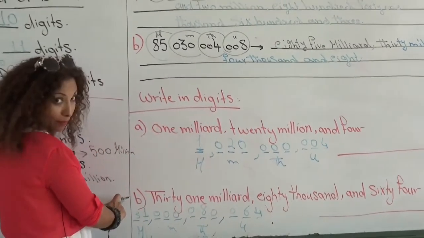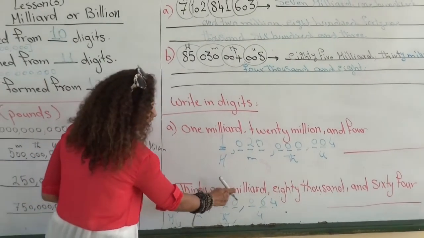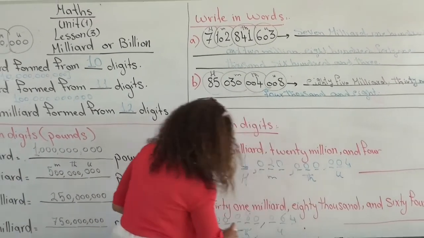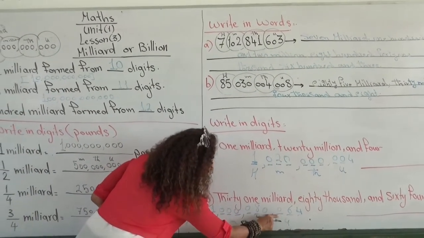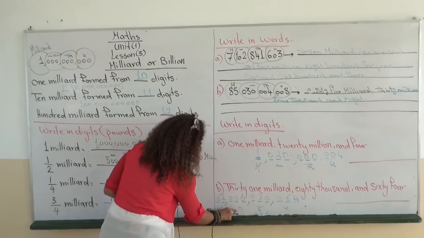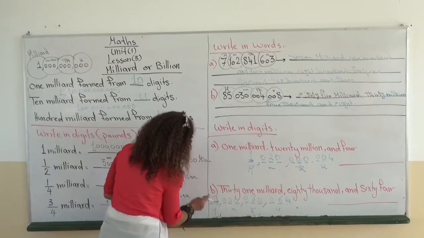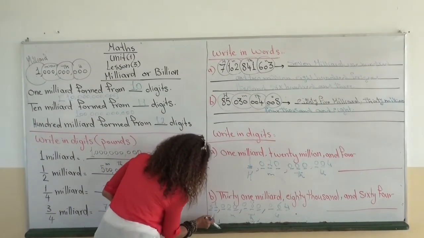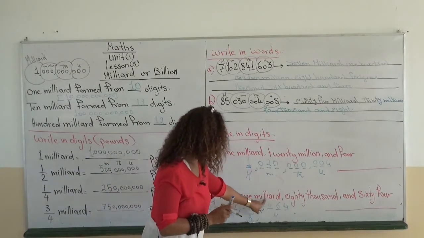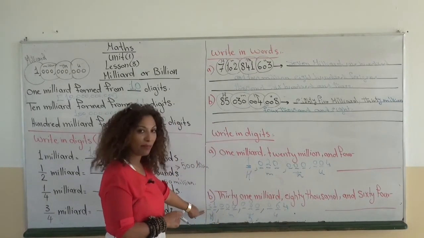The second example, 31 milliard 80,064. So I will make the dashes like that, units family, thousands family, millions family, and milliard, okay? So I will write 31 in the milliard family.